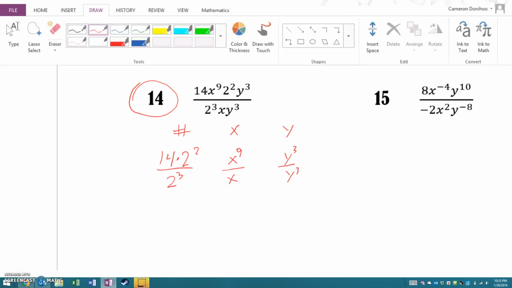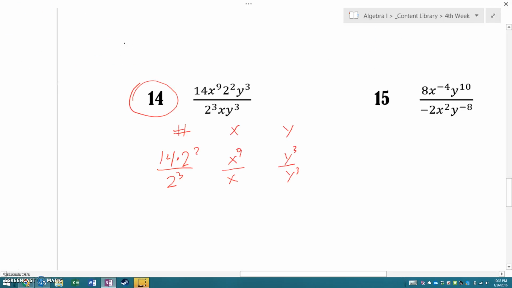Okay, now I'm going to deal with each of these individually. Well, here I have a 2 and a 2. That's my base. My base is a 2, the base is a 2. So I'm going to be able to take these exponents and say, all right, that's going to be 14, and then I'm going to have a 2.